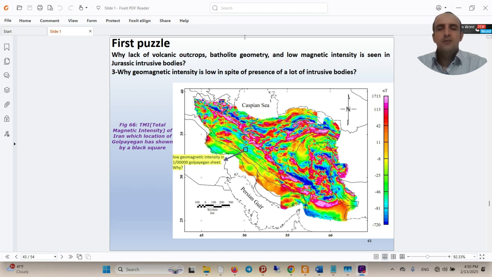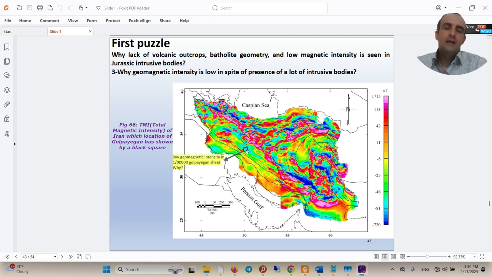And in spite of the presence of a lot of intrusive bodies in Gulpaigan, as we can see in the TMI magnetic intensity map of Iran, where the location of Gulpaigan has been shown, the total magnetic intensity is somewhat low.